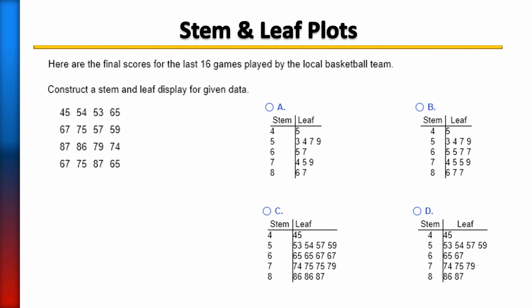I'll give you some time to think about it before I reveal the answer. Take a look at them carefully. Recall for each number that the leftmost digit is your stem, the digit to the rightmost is your leaf.